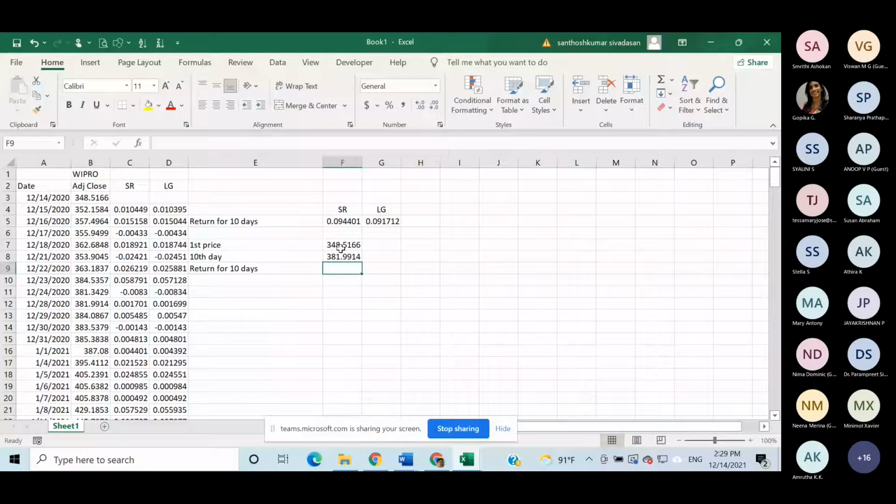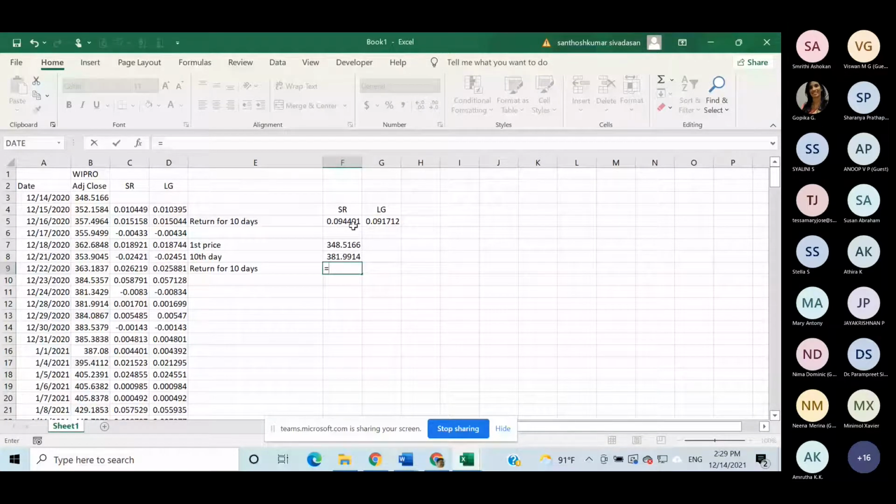Instead of summing up, you can take the first day price and the 10th day price, then find the simple return using the formula: return for 10 days is equal to the 10th day price divided by the first day price, minus 1.